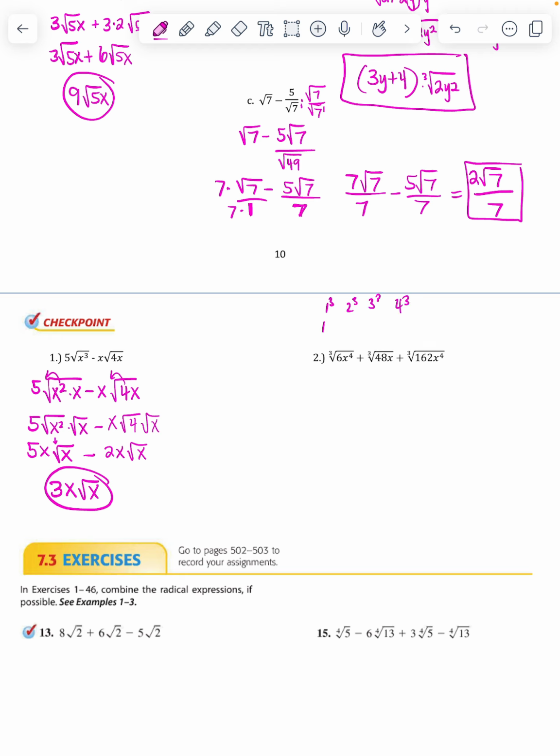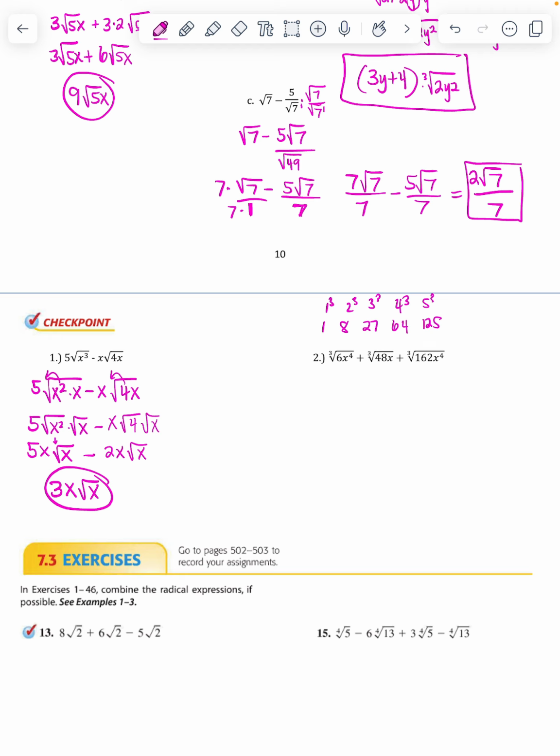So that would be 1, which is never helpful, 8, 27, 64, and so on. You might need a larger number, and sometimes you just need to use your calculator and figure out what it would be. But these are the types of numbers I would use to try and break up the regular numbers in the radicals.